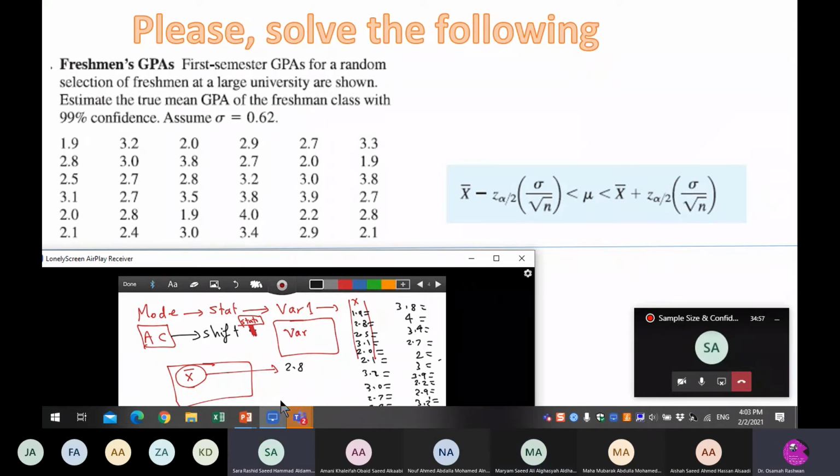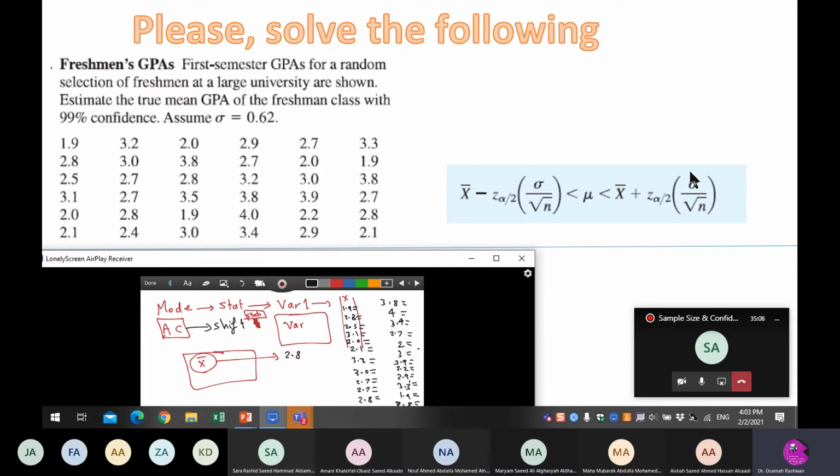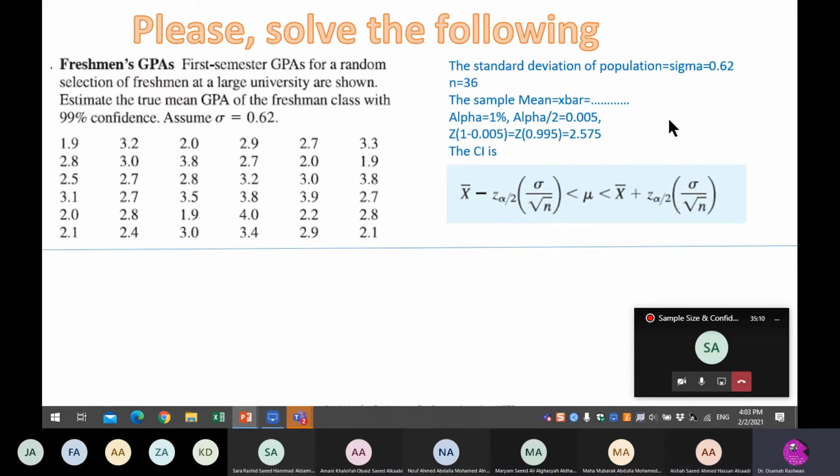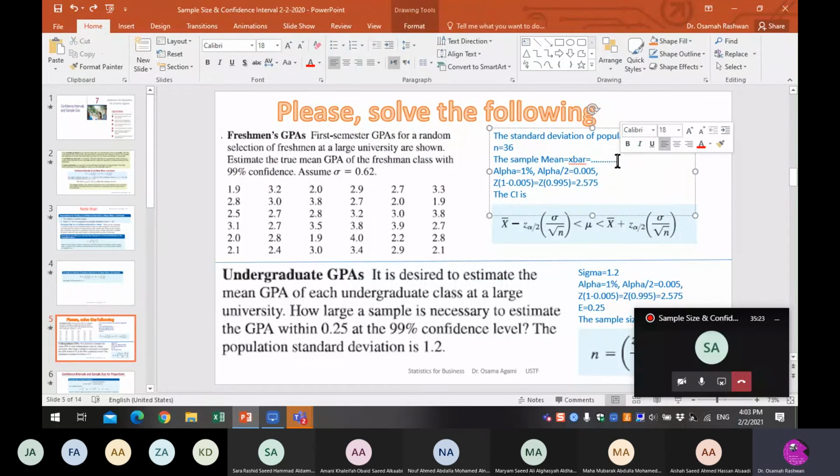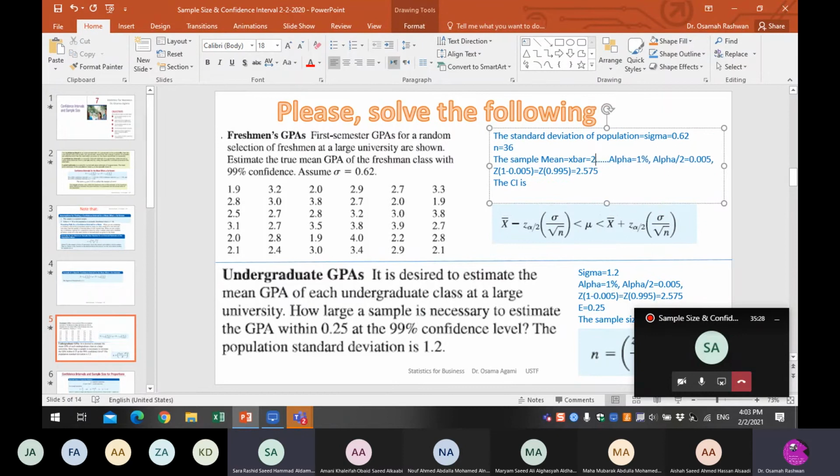Okay, no problem. It is better to have a mistake now when you are learning. Later on, inshallah, you'll be professional. So I have X bar, the sample mean. I didn't write it, so I was waiting for you to write it down. What is the value? 2.82.